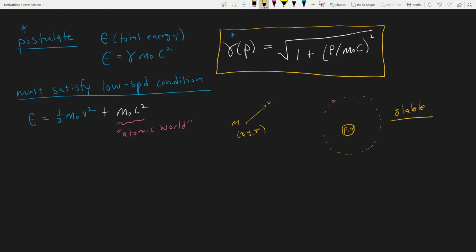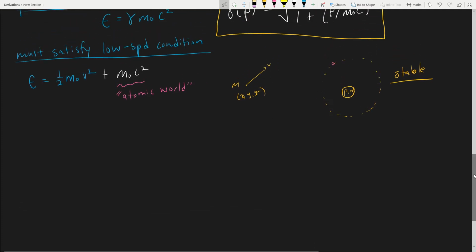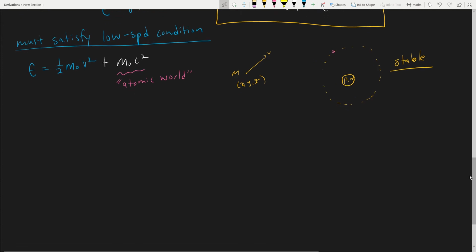So we need to show this low speed condition. Because in our original energy equation, gamma is the only thing that's a function of v, or momentum, we are going to demonstrate the low speed approximation of gamma. A Taylor series expansion can be used here, or Maclaurin series specifically.